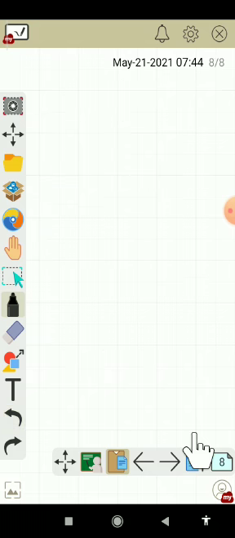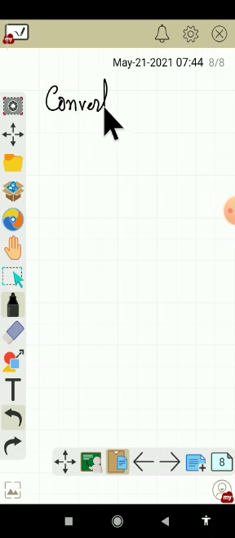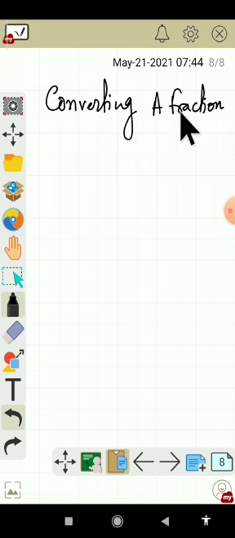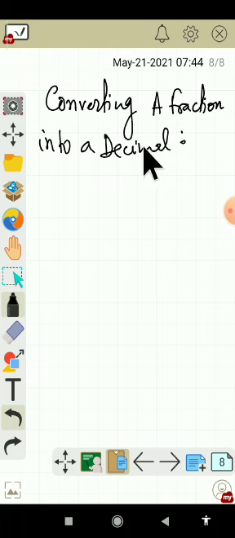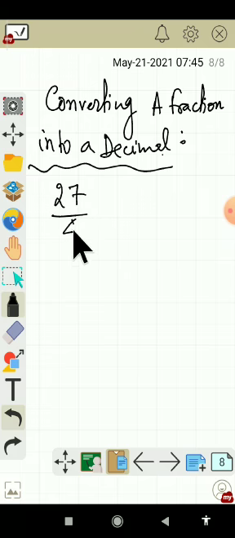Now we will see converting a fraction into a decimal. How will this be done? Suppose one number is given, that is 27 by 4, and we have to convert it into a decimal number.